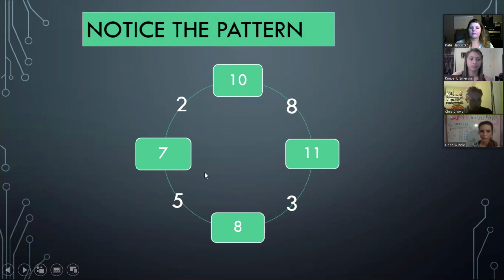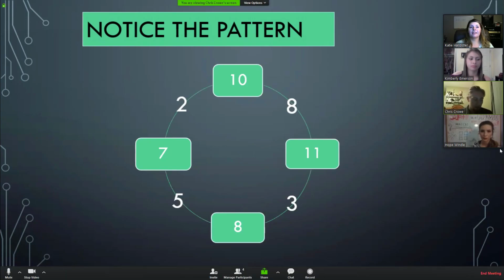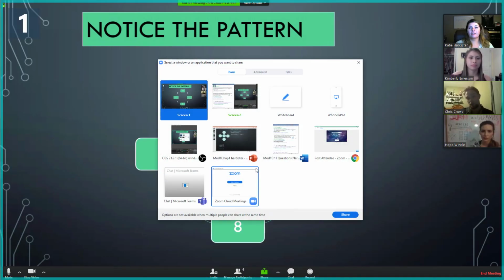Now, Miss Katie, do the numbers actually matter where they need to be put? Does it actually matter where you put them?